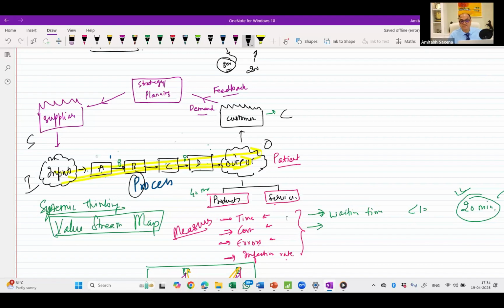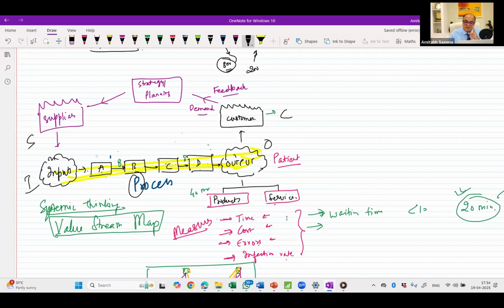That's how the whole system is. What does it mean? It just means the problems are in the process. People are not there to commit any mistake. Change the process and the same people will not commit any mistake. So that is why we call it systemic thinking. Blame the system, blame the process, not the person, not the individual.